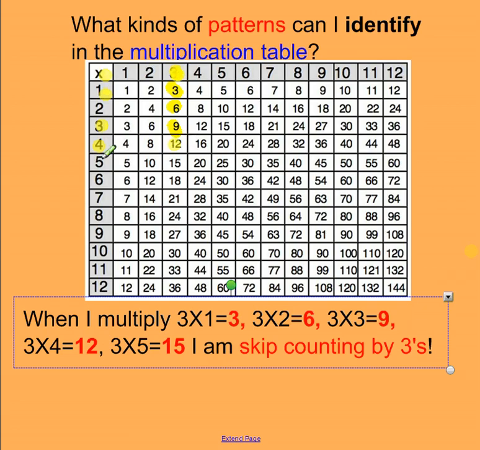And then 3 times 5 equals 15. If I look at that, I notice that when I multiply a factor by a factor, I'm skip counting. 3, 6, 9, 12, 15. When I'm multiplying by 3, I'm skip counting by 3s. If I'm multiplying by 4, I'm skip counting by 4s. If I'm multiplying by 5s, I'm skip counting by 5s. When we multiply a number, we are using skip counting.